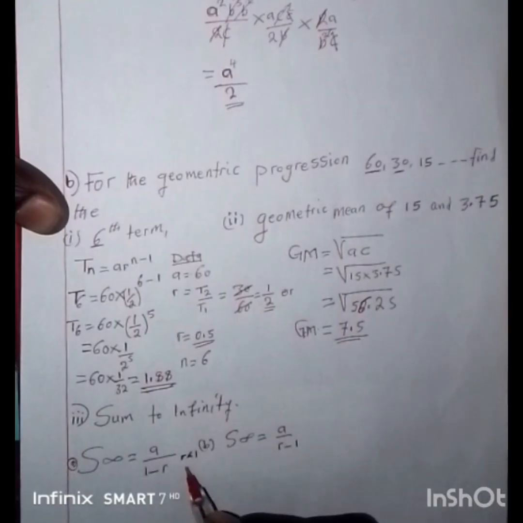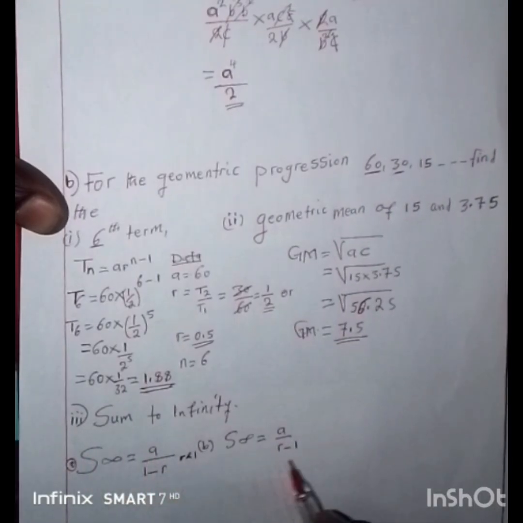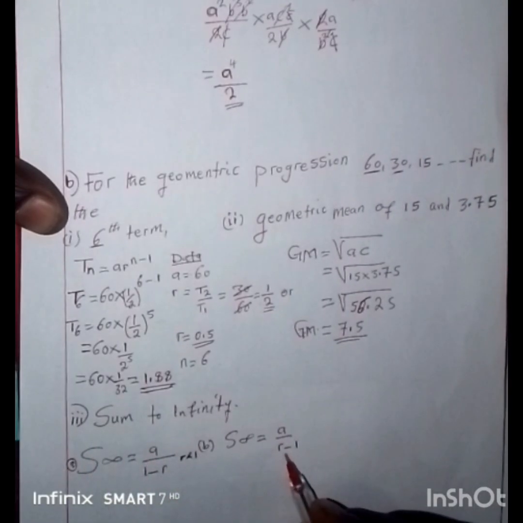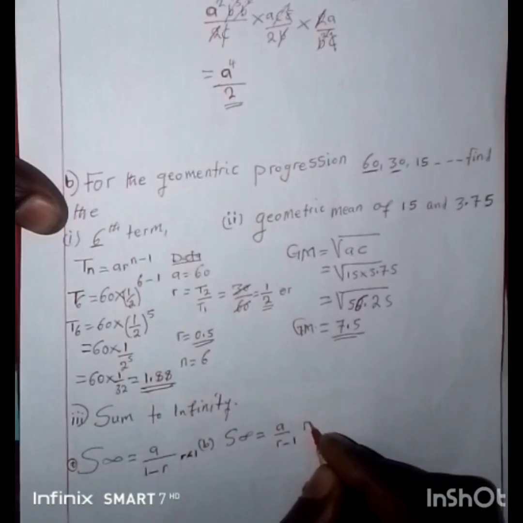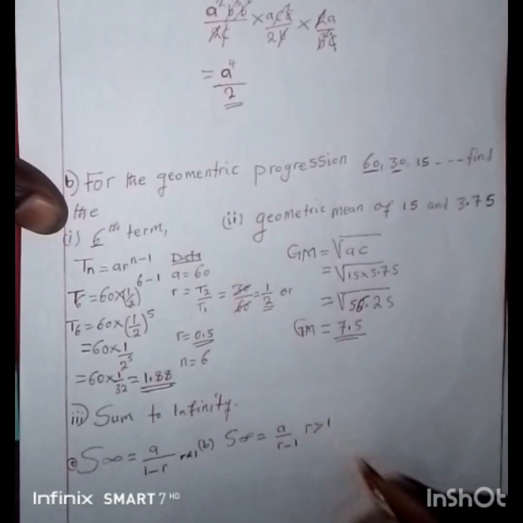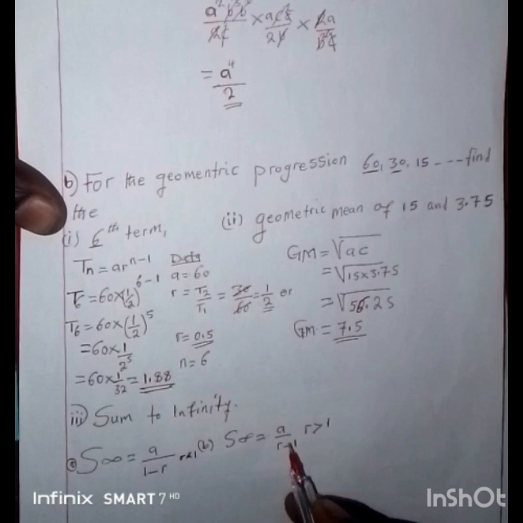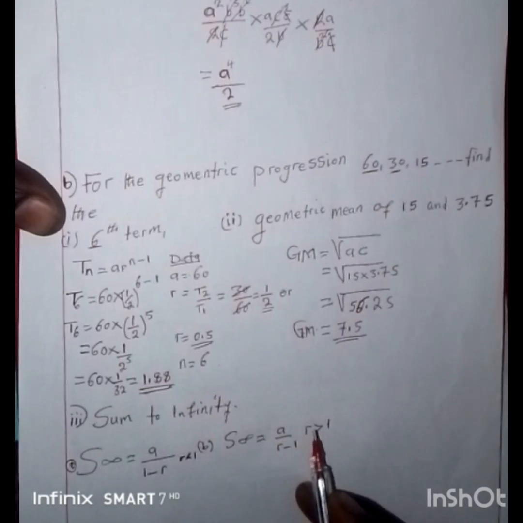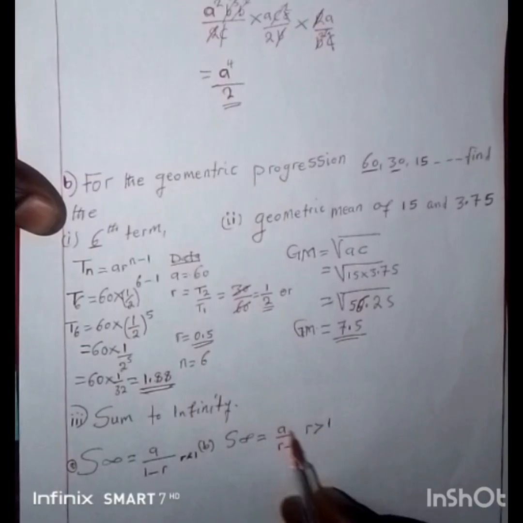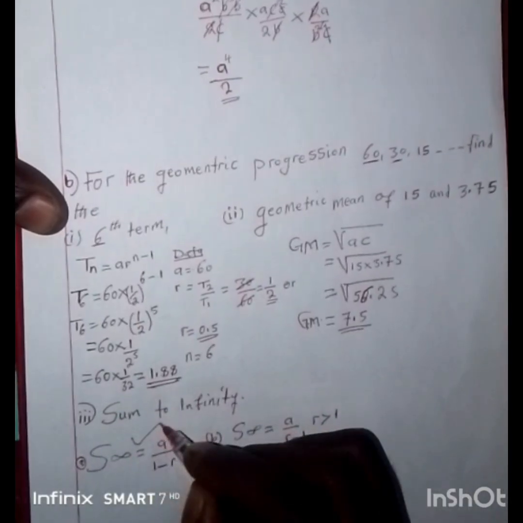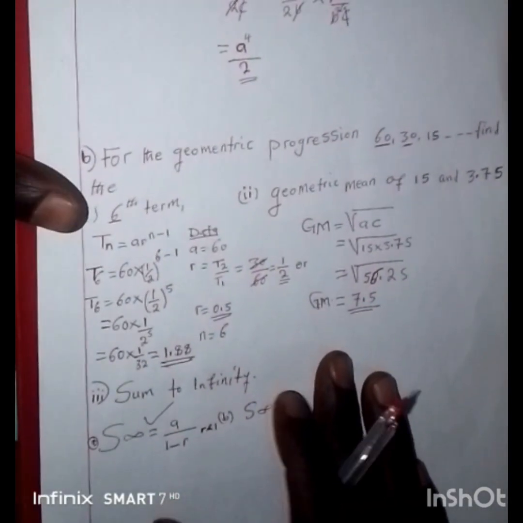So if it is less than 1, then we're going to use this formula. But if the common ratio is greater than 1, like 1.5, 2, 3, then you can use this formula. So now we're going to use this formula here to find our sum to infinity.